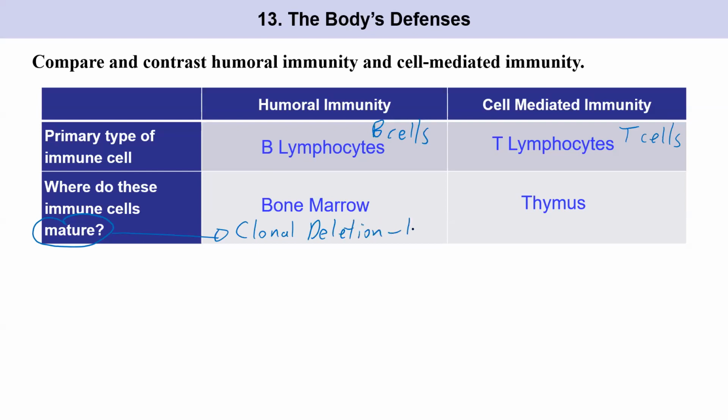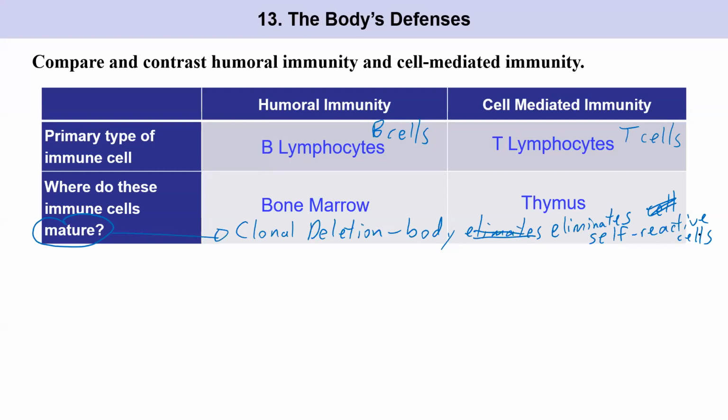And this is where the body eliminates self-reactive cells. Sometimes thinking and doing and talking, that's a lot of things to do at once. So that's what's going on there when we say mature, right?